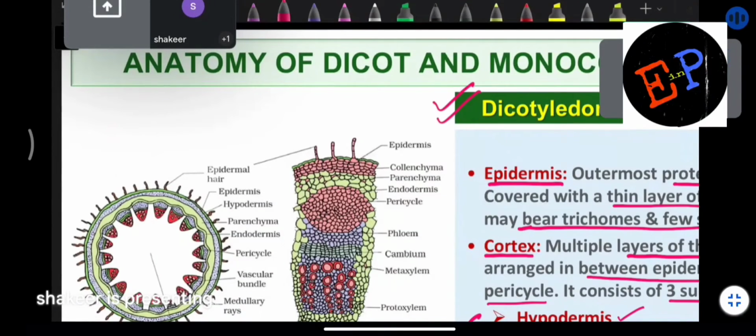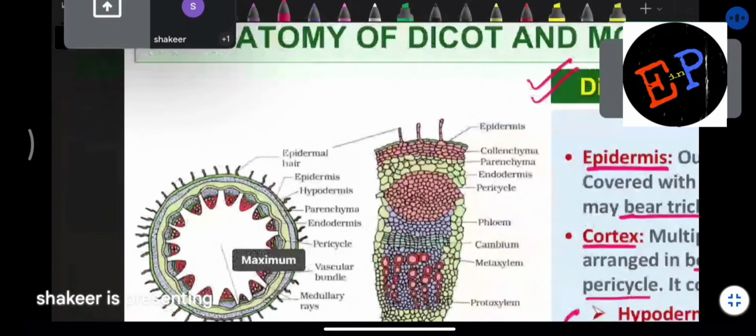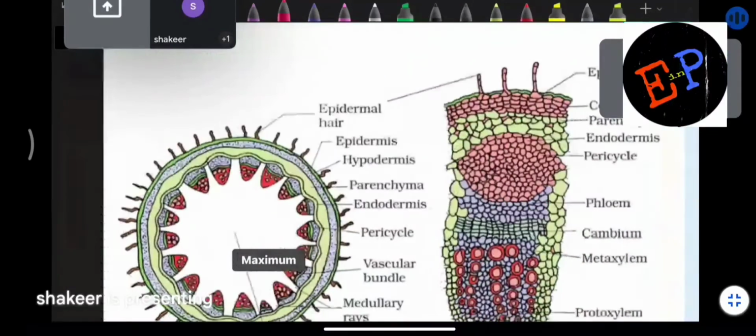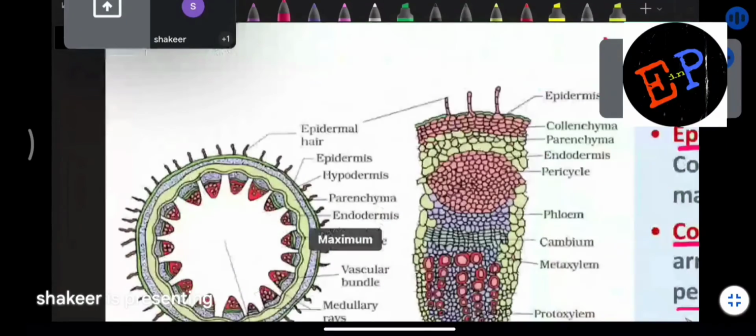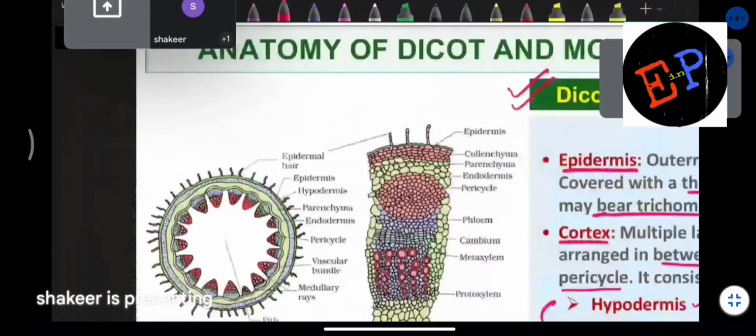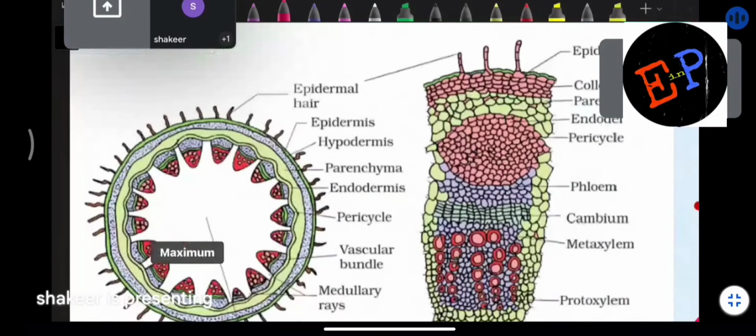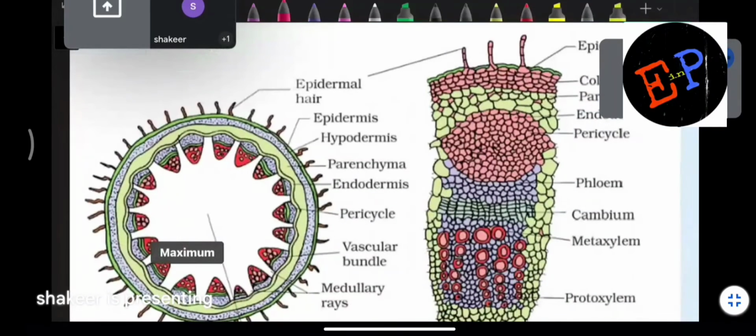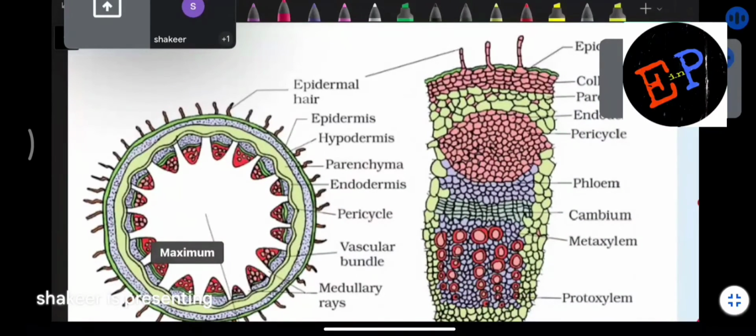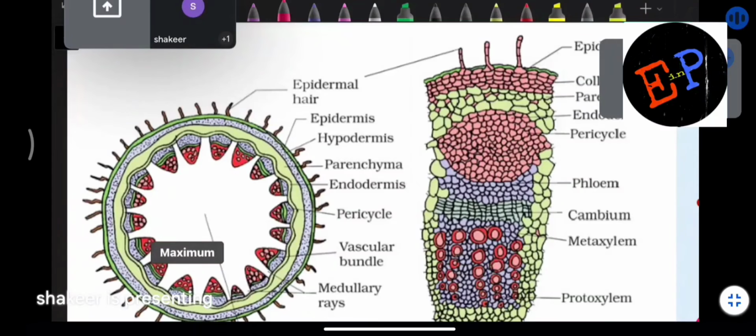Let us see this transverse section of the dicot stem. So see here, this is the structure of the transverse section of a dicot stem. Here you can find a very big pith. Pith is very large. Are you able to see? The innermost soft region is called pith. It is very big in size, highly developed.